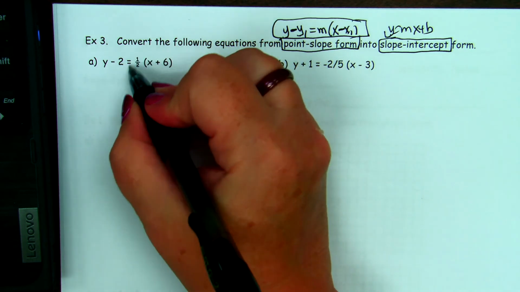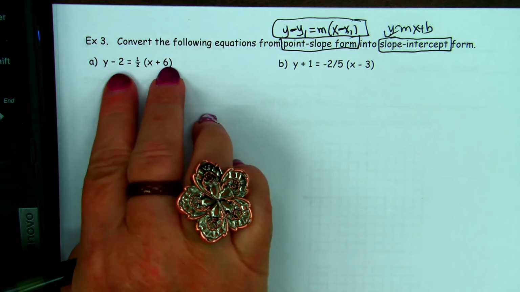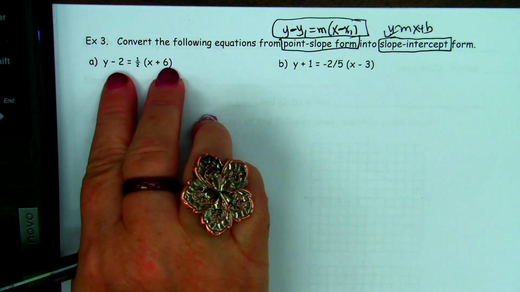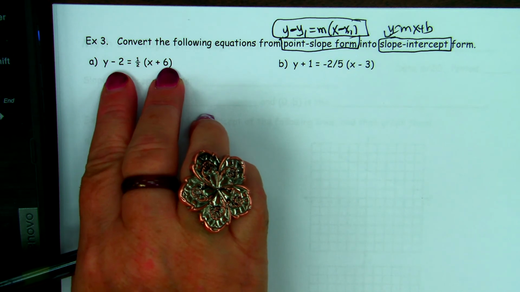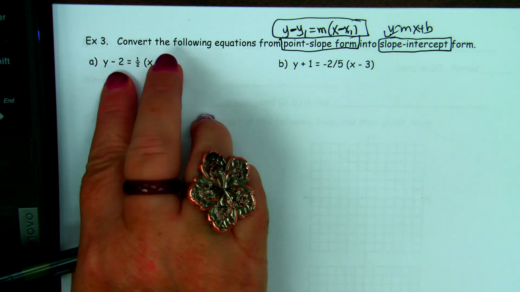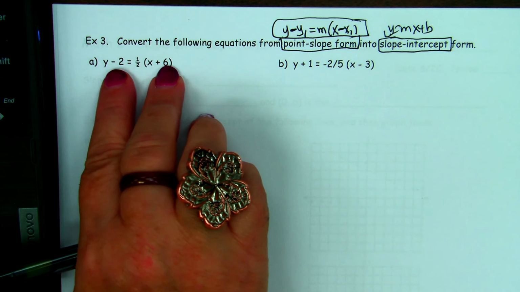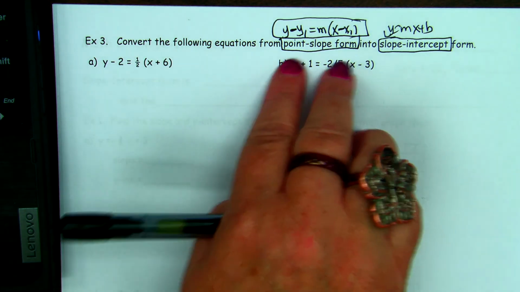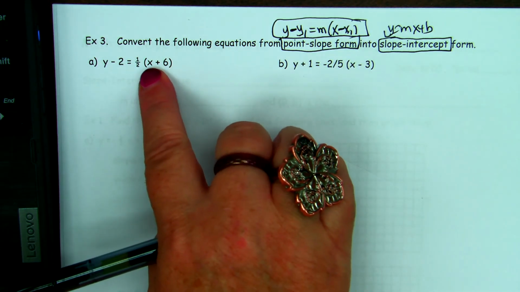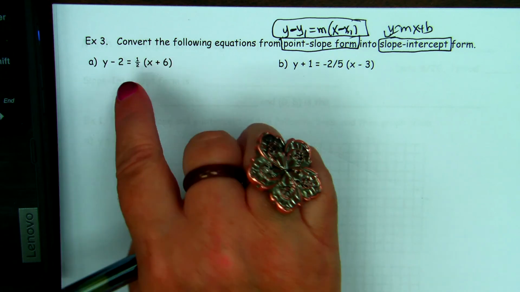So the slope is 1/2, and what's the point that's on this graph? (-6, 2), because it's subtracted, and the way you get a plus is minus a minus. So (-6, 2) is a point on the graph.